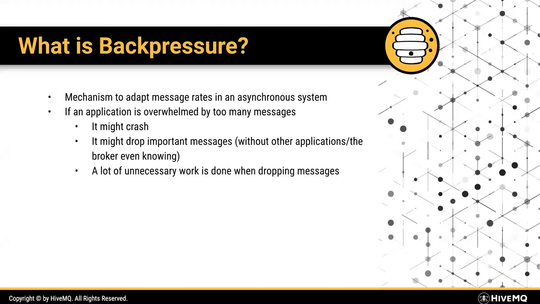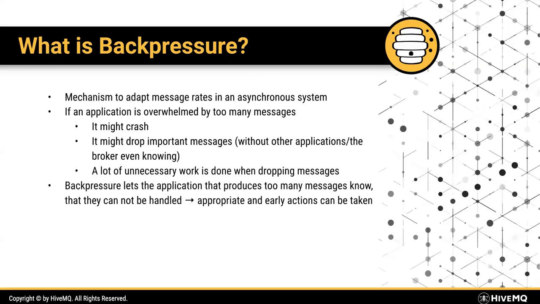And if the messages are dropped, you have done a lot of unnecessary work, because you have to send the messages over the internet and pre-process them, and then you realize, oh, the rate is too high, I will drop the message. So back pressure really helps to adapt the message rates so that single MQTT clients are not overwhelmed by too many messages.